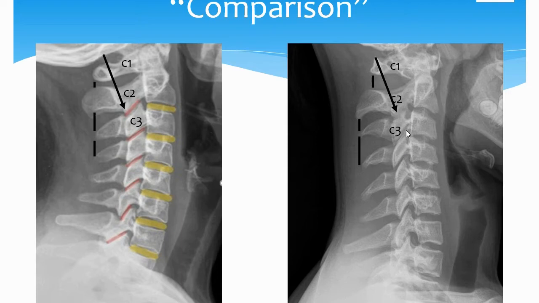And here's the facet that I was talking about. You notice that the facets between the left side, which is normal, and the right side, which is abnormal, don't match 100%.